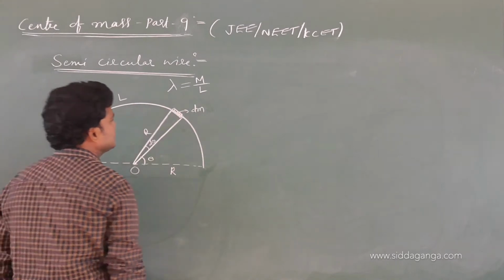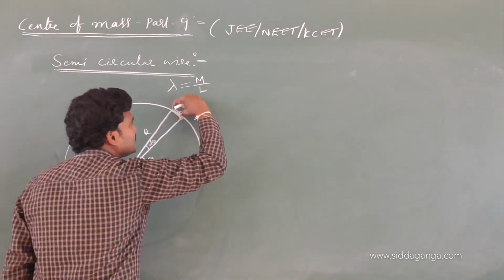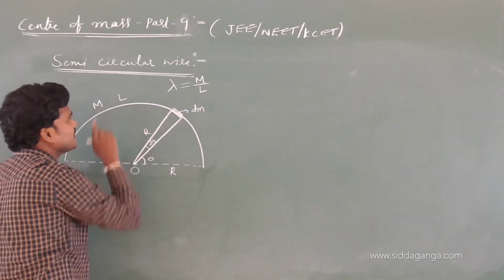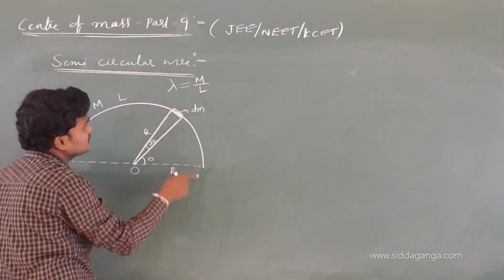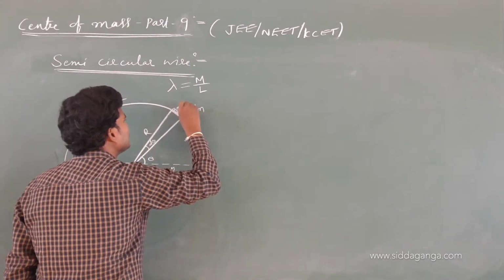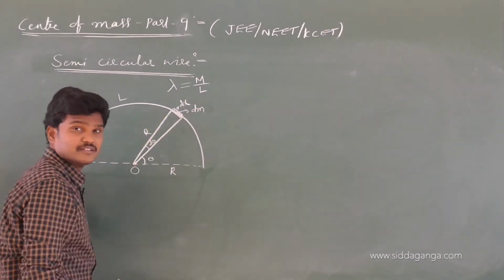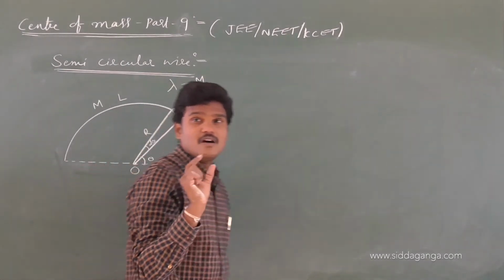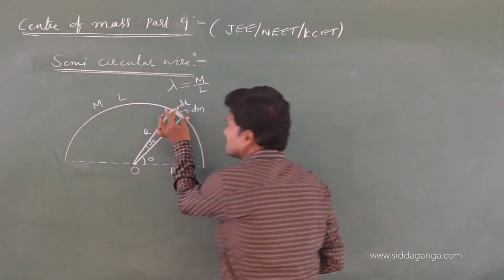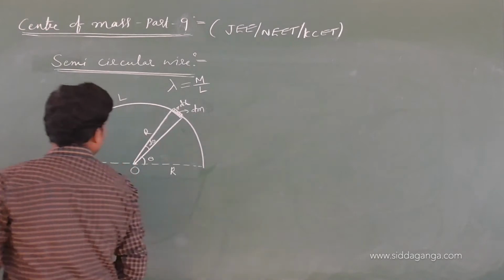There is an arc length: this part will have some length. Total length of the semicircular wire is capital L, and this small part's length is dx. dx is nothing but the arc length.